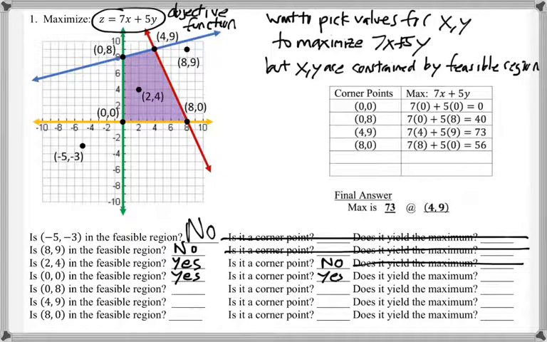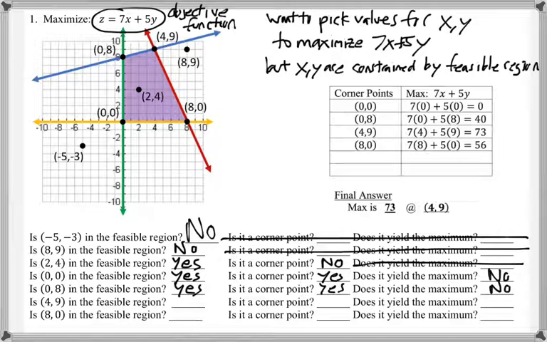So the answer is no. Is the point 0, 8 in the feasible region? Yes. Is it a corner point? Yes. Does it yield the maximum? So 0, 8, when you plug it in, we get 40. And 40 is not the highest value here. So no.